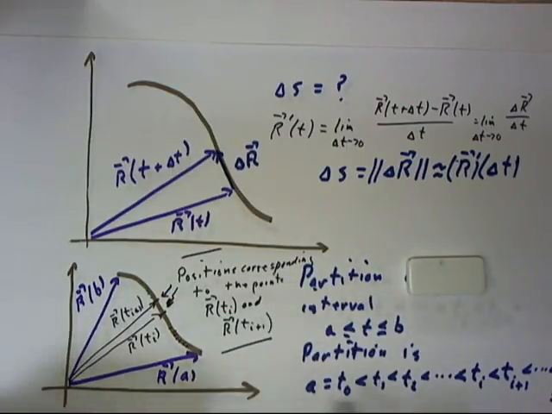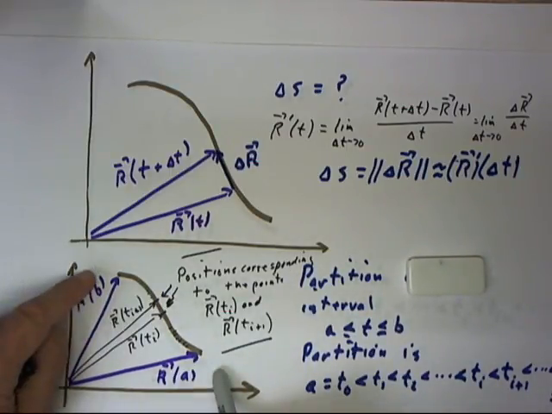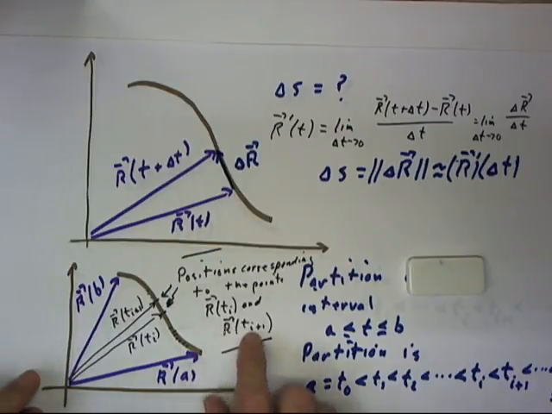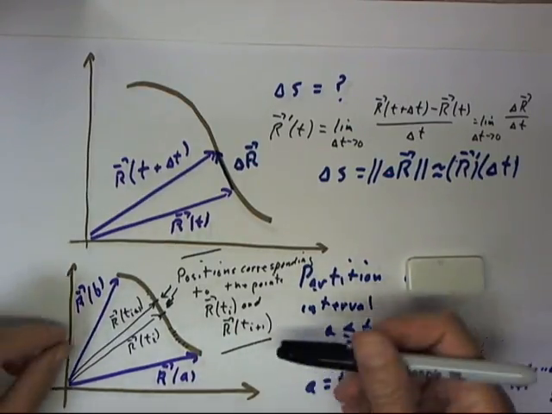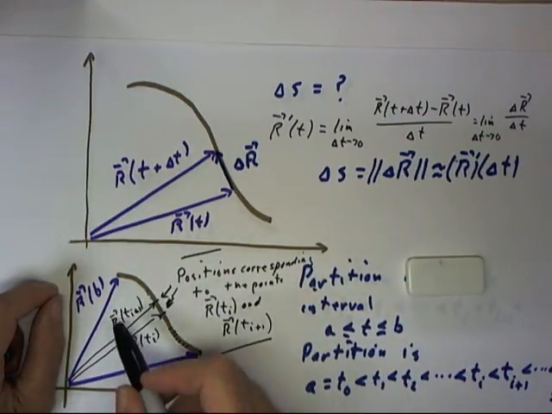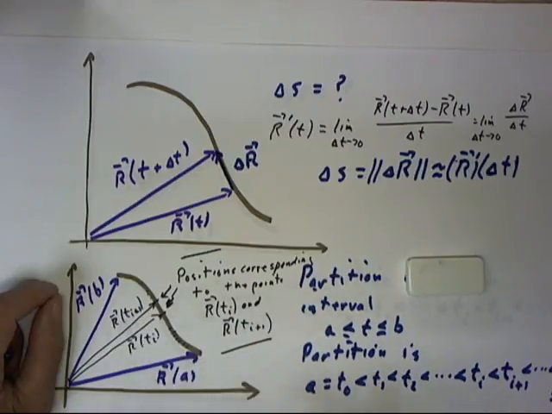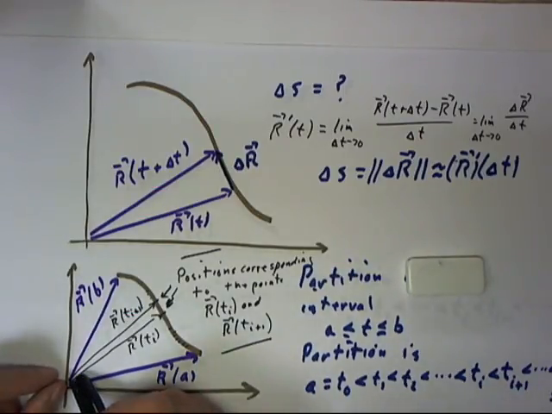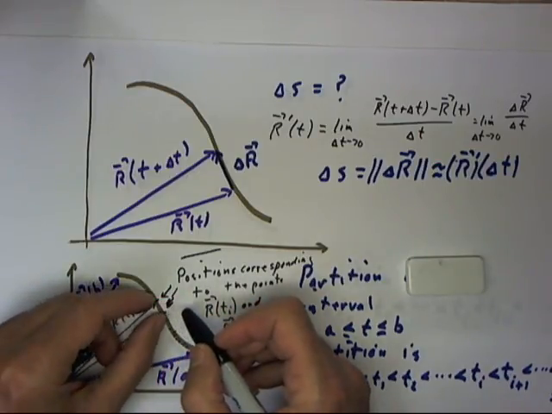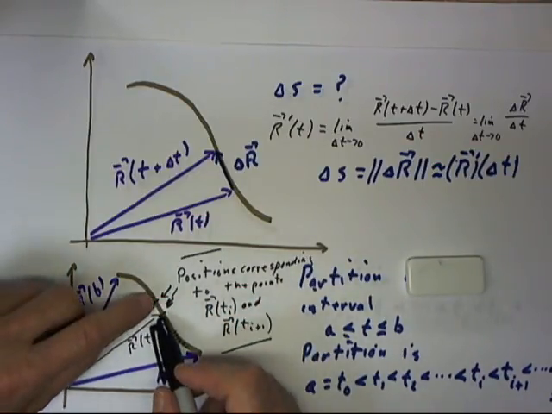So we partition our interval from a to b. We take a typical interval in the partition, from t sub I to t sub I plus 1. We indicate these positions, label them r of t sub I, r of t sub I plus 1, and think about how far the object is going to move over this particular interval.